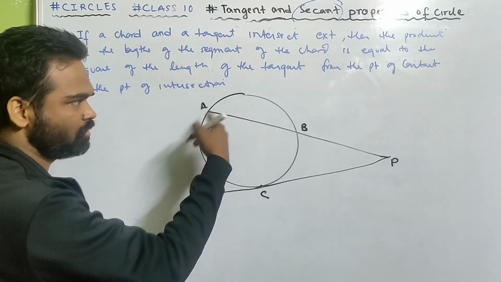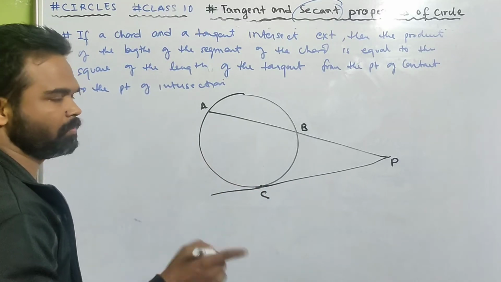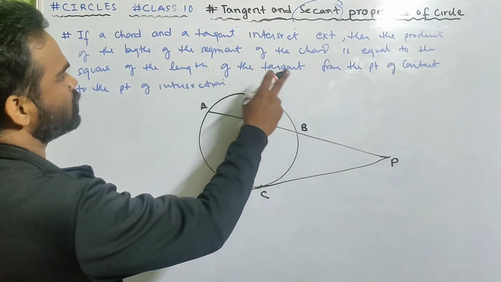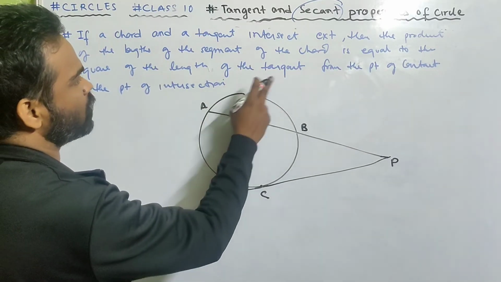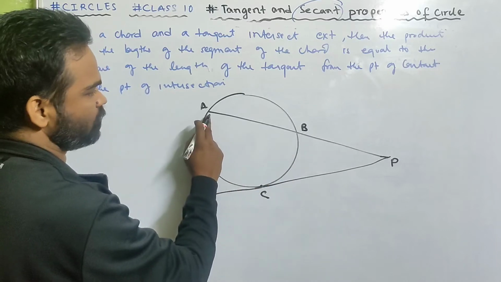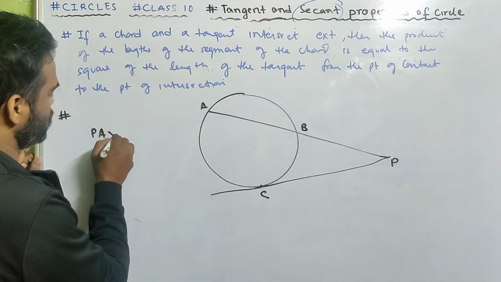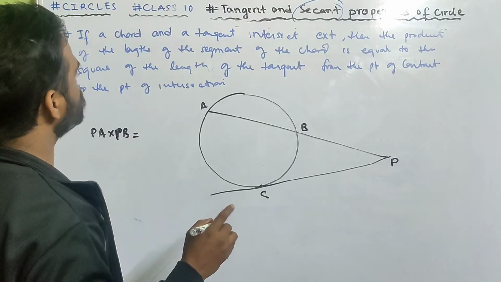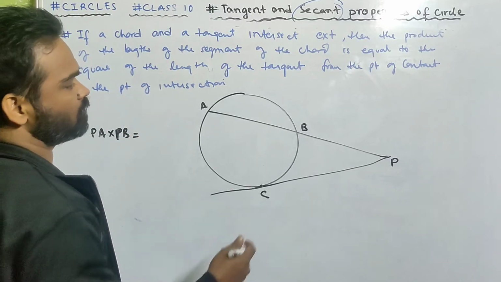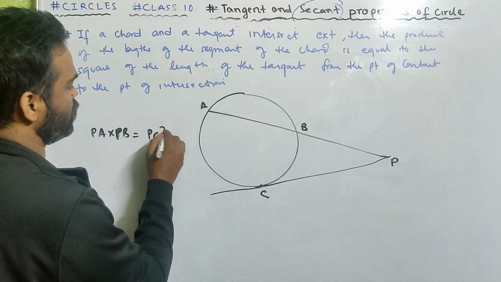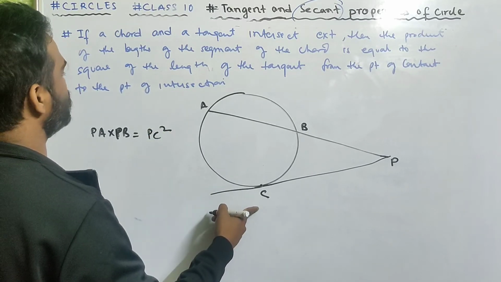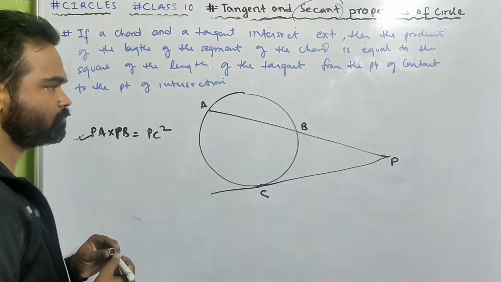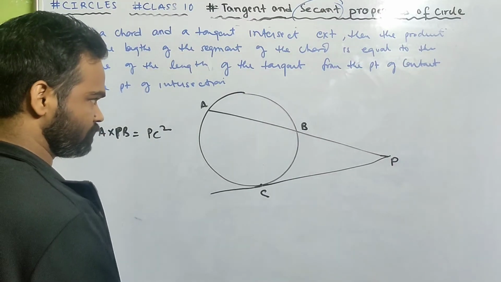C is the point of contact of the tangent with the circle, AB is a chord, and they meet each other externally at P. Then the product of the lengths of the segments of the chord, PA into PB, is equal to the square of the length of the tangent. The length of the tangent is PC, from the point of contact to the point of intersection. This is the theorem. How to prove this?